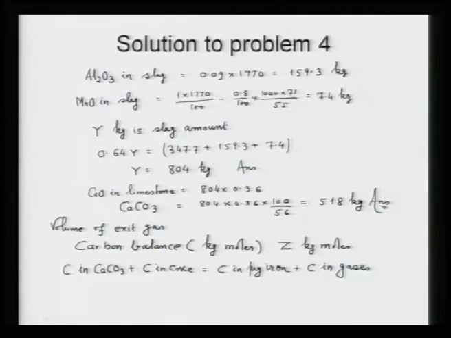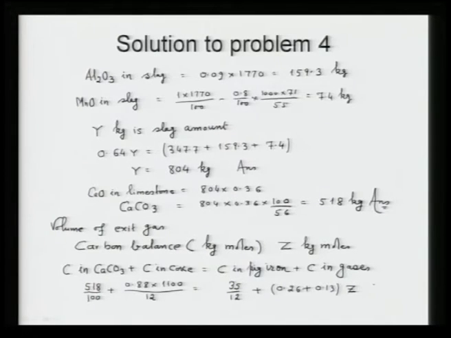So, now this is to be written. Carbon in CaCO3 will be 518 upon 100 plus 0.88 into 1100 upon 12, that is carbon in coke, equals carbon in pig iron in kg mole, 35 upon 12, plus carbon in gases, say 0.26 plus 0.13, and Z is the kg mole.